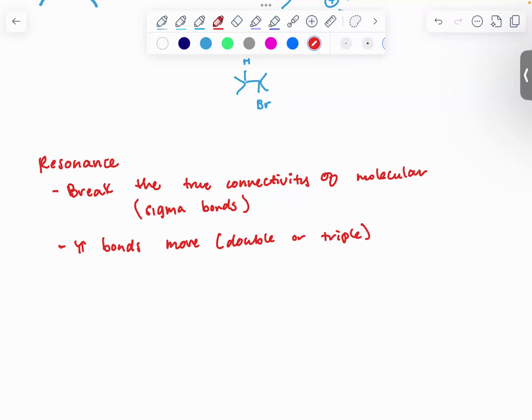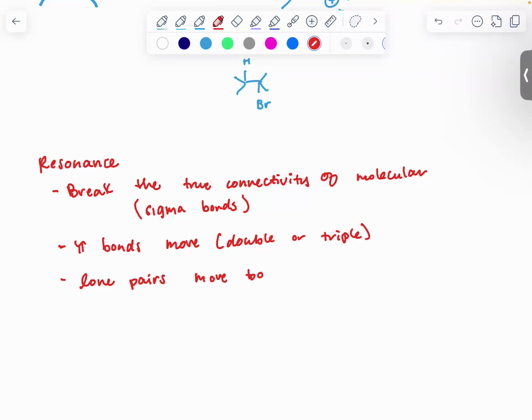What's another source of those electrons that we can move? Lone pairs. Where do you start? How do you know where to start a molecule or a resonance structure?